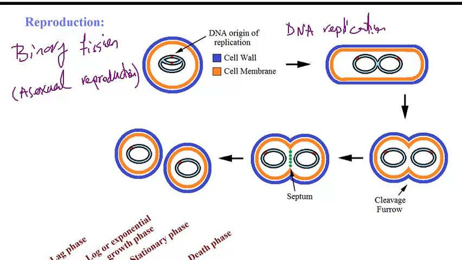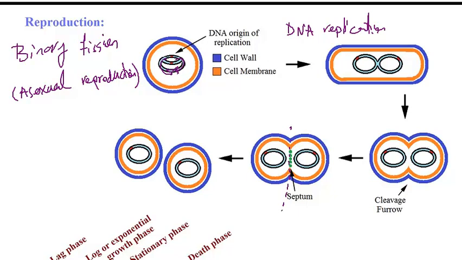As we just discussed, it will start at a single origin of replication and it will go around until there would be two circular DNAs that are formed. And then once the two circular DNAs are formed, the cell will undergo division, where the plasma membrane will invaginate and form a cleavage furrow, and then a septum will be formed, after which the parental cell separates into two identical daughter cells. So that's basically the process of binary fission.